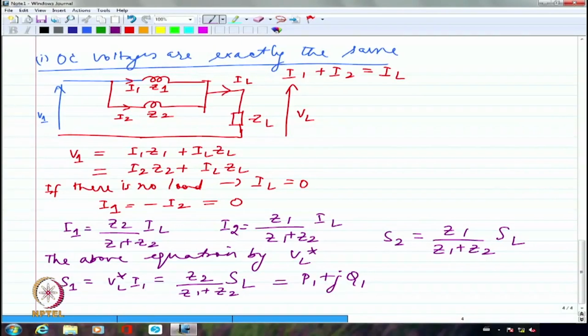So how exactly a particular kVA is divided between two transformers depends heavily upon the impedance of each of these transformers. If the impedances are equal, then I'm going to have equal current division. If the impedances are not equal, I will definitely have different values of currents being taken by different transformers, because of which I'm going to have a discrepancy in terms of load sharing.